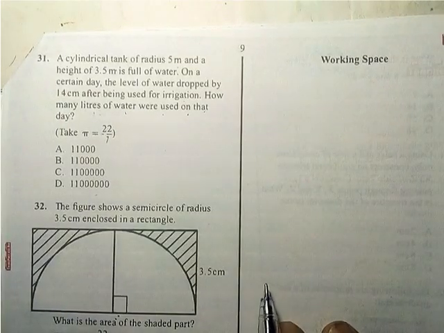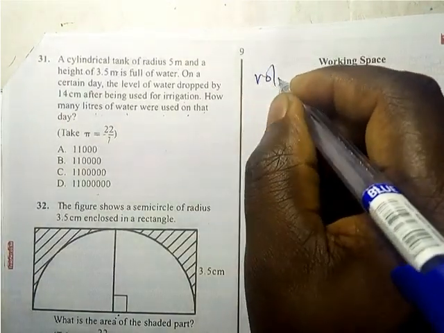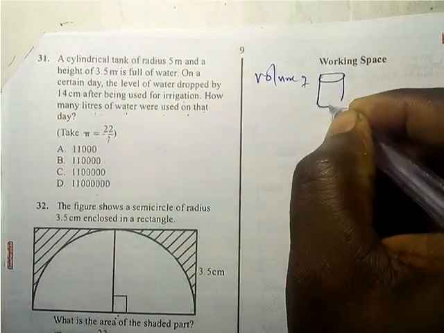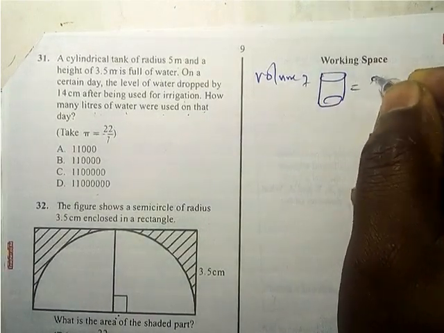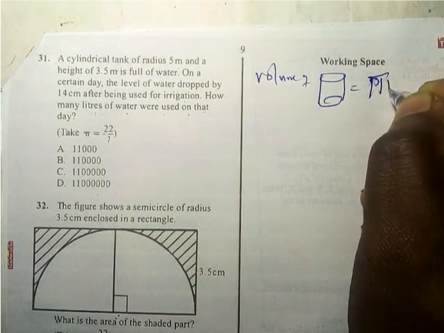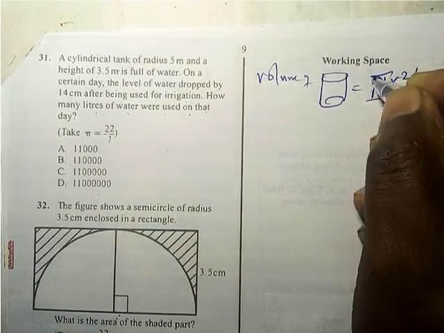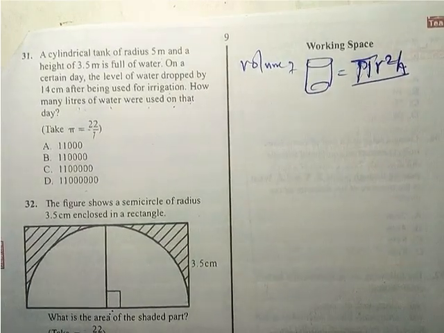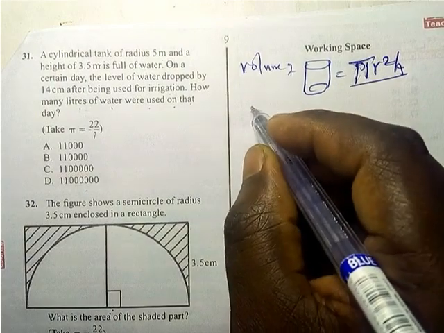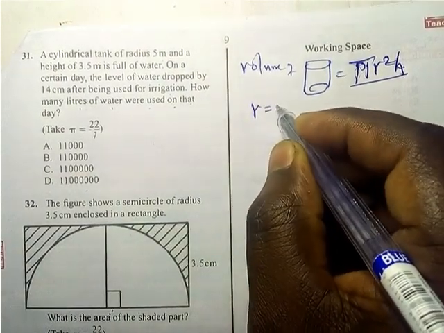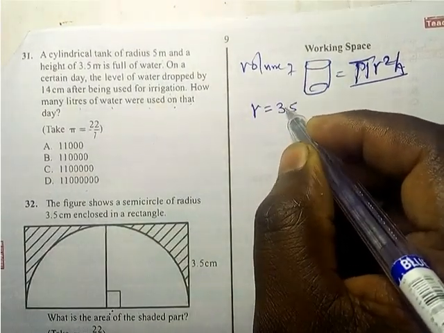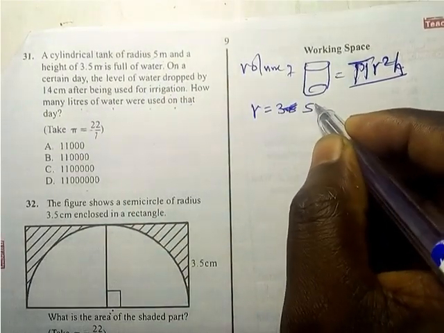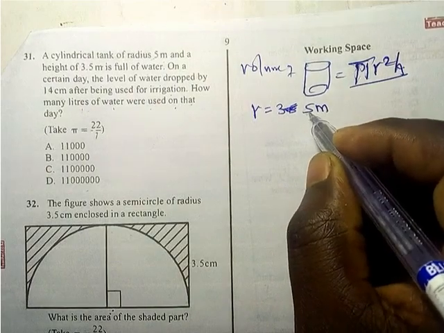We know the volume of a cylinder is given by pi r squared h. That is the formula for the volume of a cylinder. So we have been given r is 3.5. No, the radius is 5 meters.